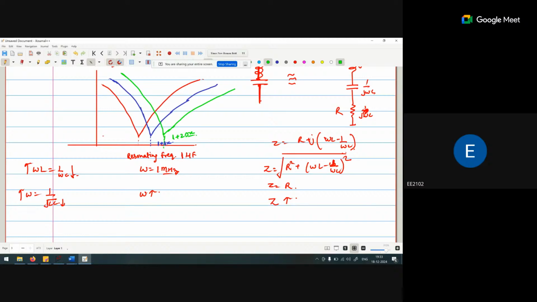So one resonating frequency is for 1 microfarad, and the others are for the other capacitor values. If I take this as f, then this is f plus del f, and this is f plus 2 del f. So my capacitor effect will be increased. Now if I increase the value of frequency, the effect of the first capacitor will reduce.